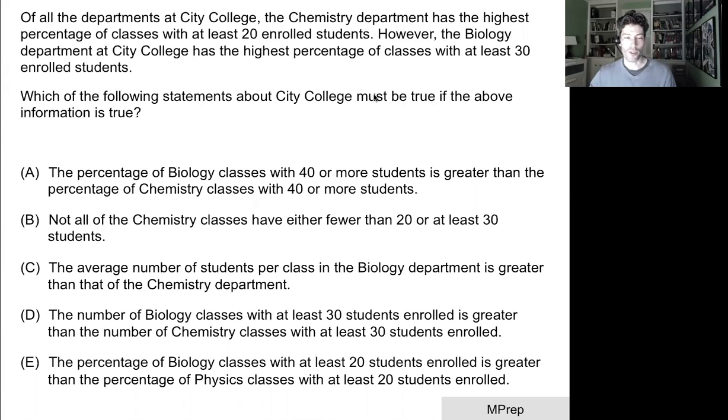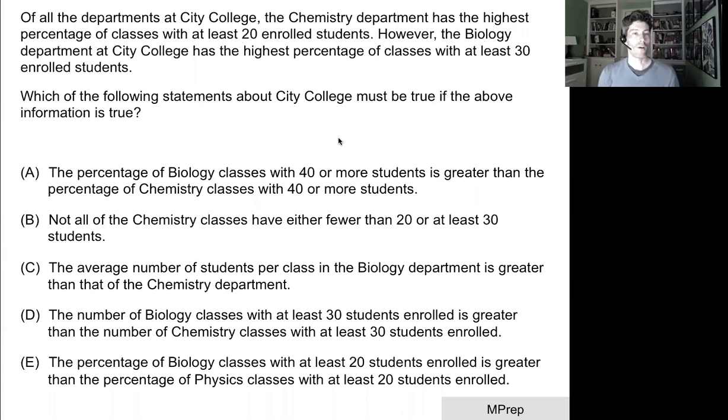You'll also see language that says, which of the following conclusions can be drawn based on the facts given above? Or the statements above most strongly support which of the following, right? Those are all the same type of phrasings that signify you're dealing with an inference question.